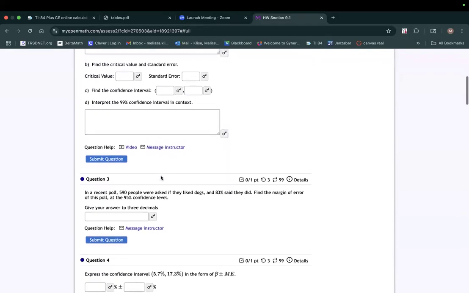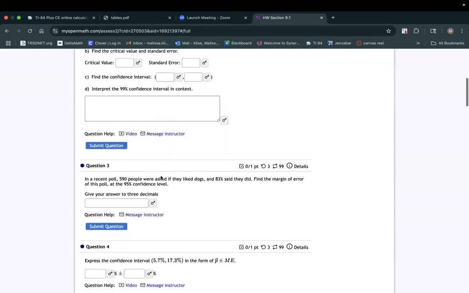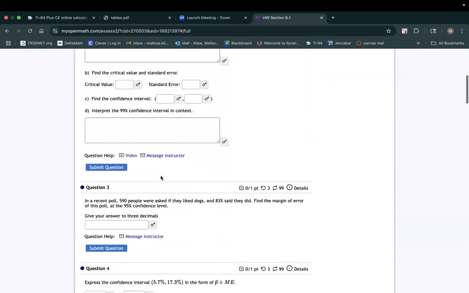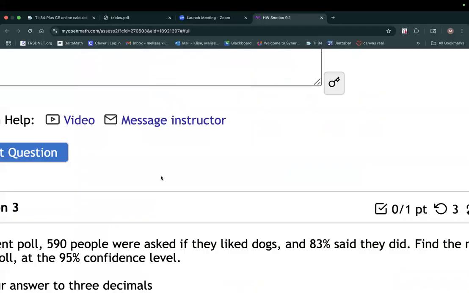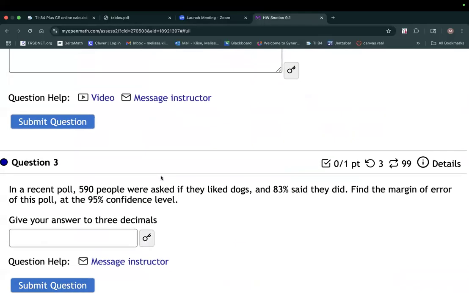Sometimes, instead of giving you the number of successes, they'll give you a percent. Then you put that in your calculator and ask, what's 83% of 590? When I put in 83% of 590, I got 489.7.